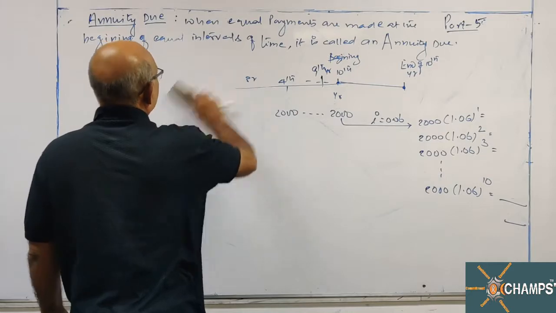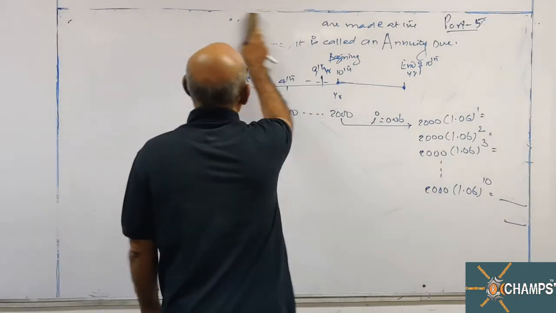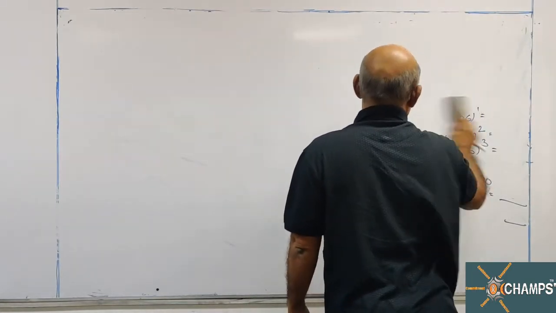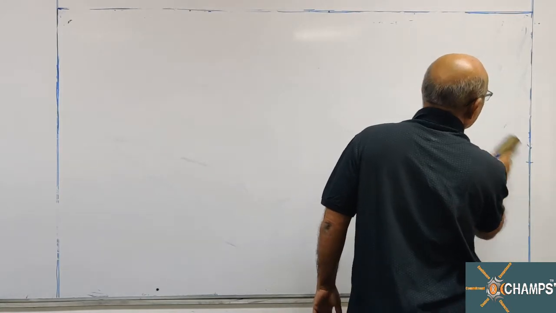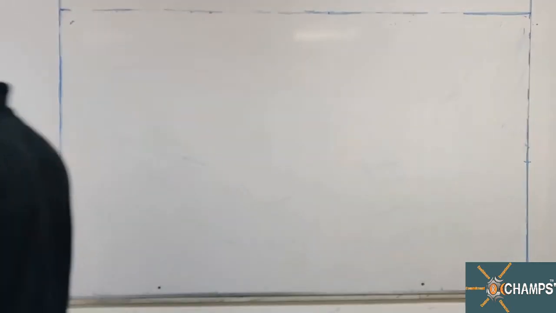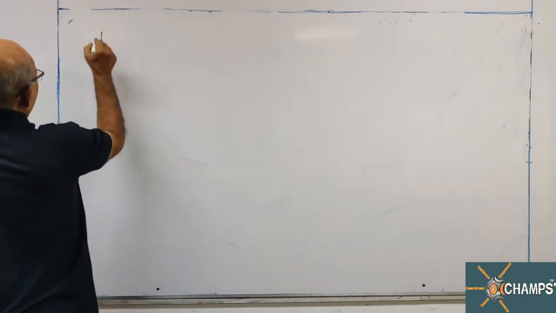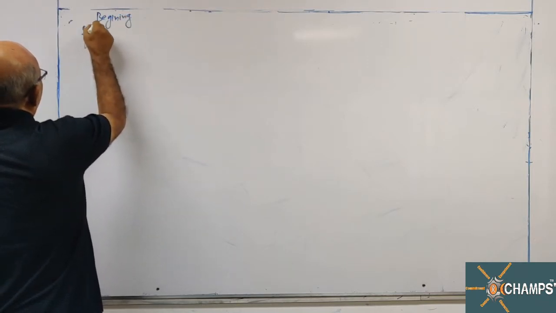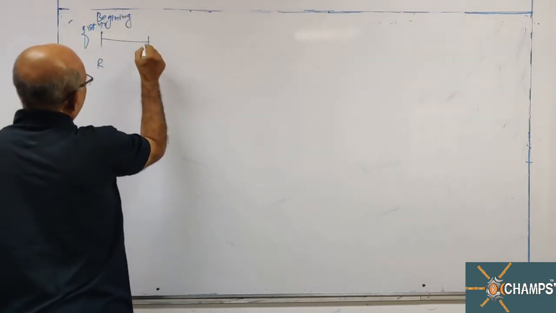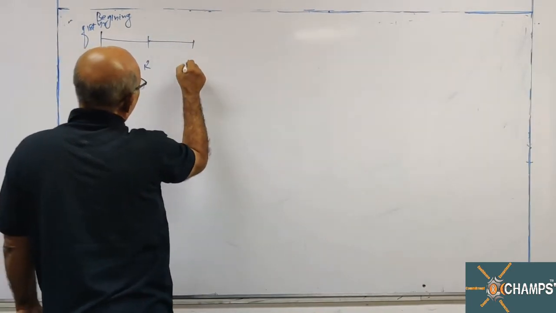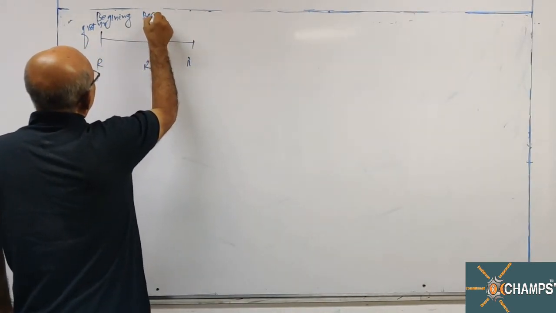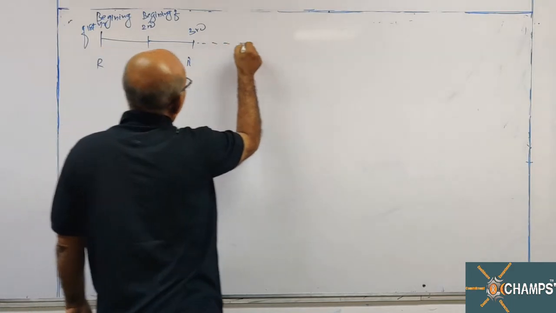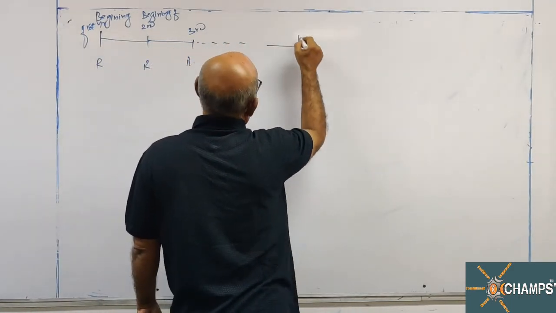Let's see. Generalized result. This is beginning of first year. Beginning of first year, R rupees is deposited. Beginning of the second year, beginning of the third year, this is beginning of nth year.